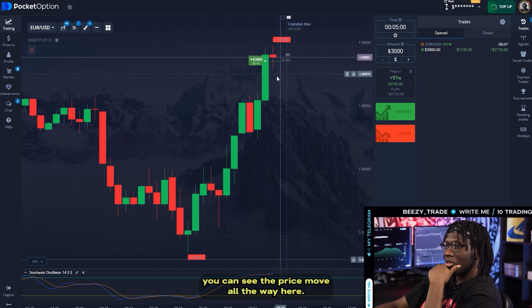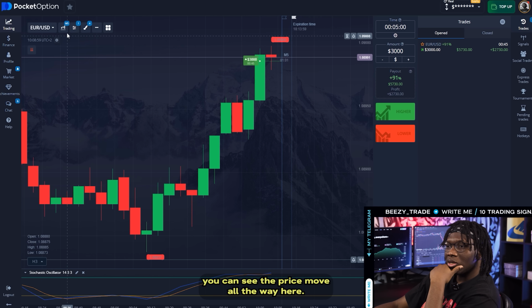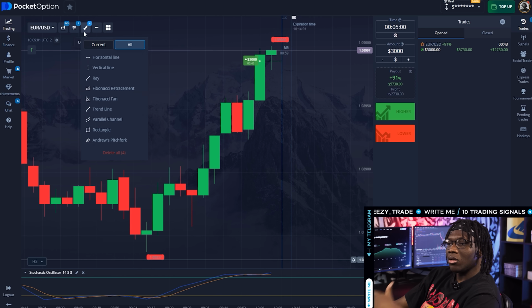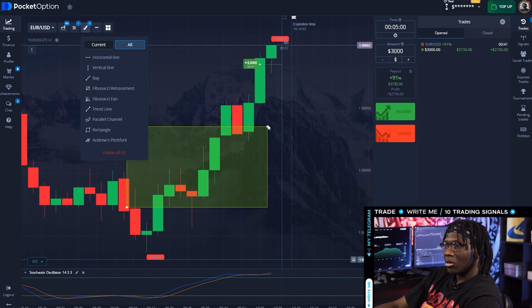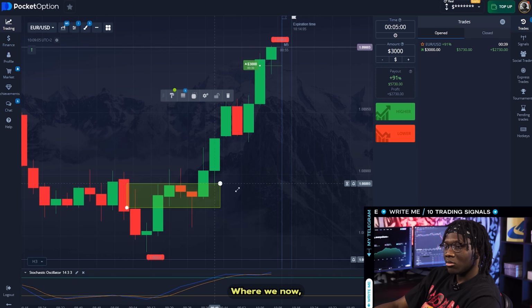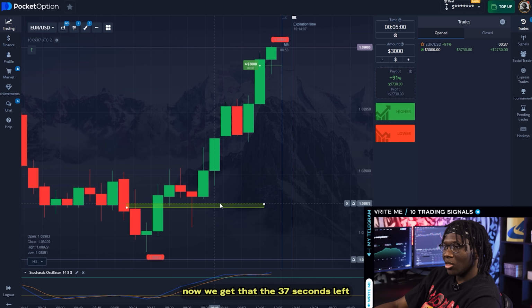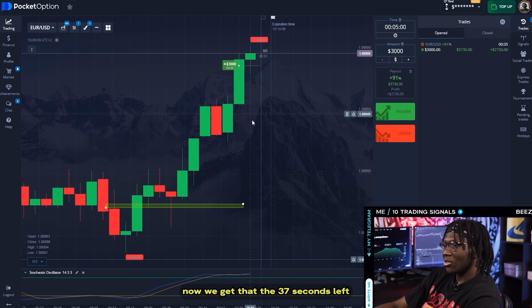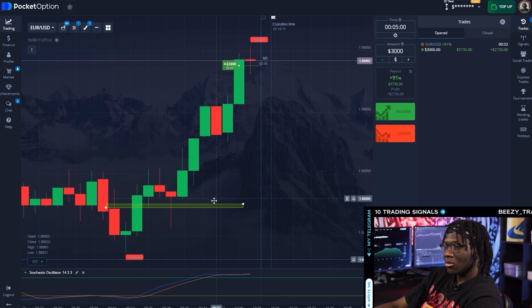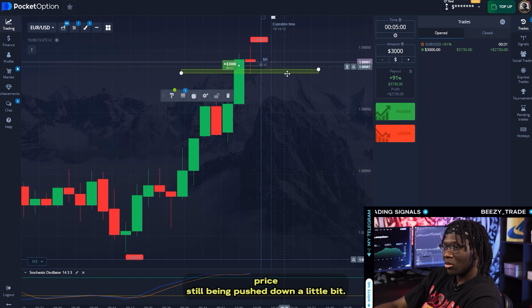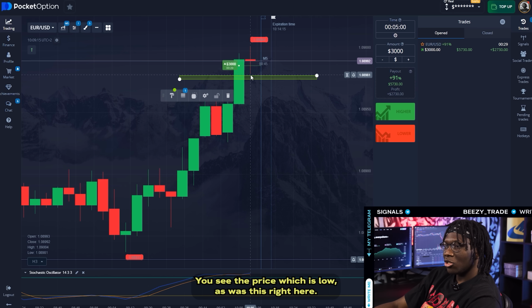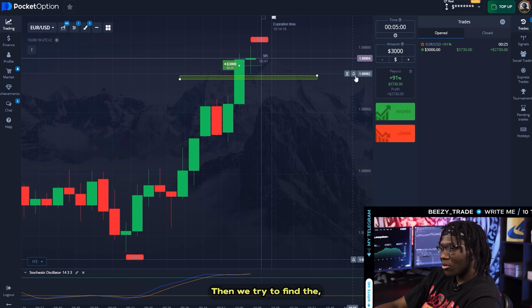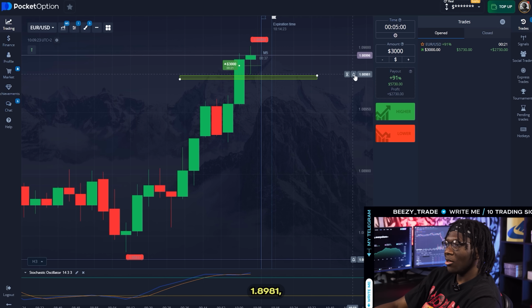At the beginning, you can see the price move all the way here. But now we get to 37 seconds left, with the price still being pushed down a little bit. You see the price reaching as low as, let me try to find it, 1.8981.